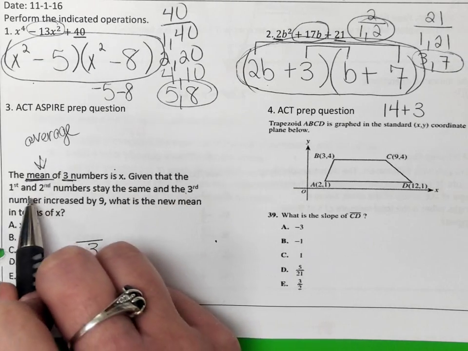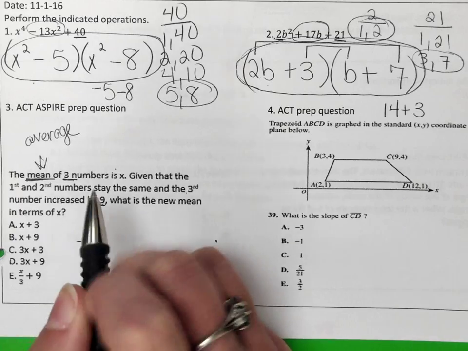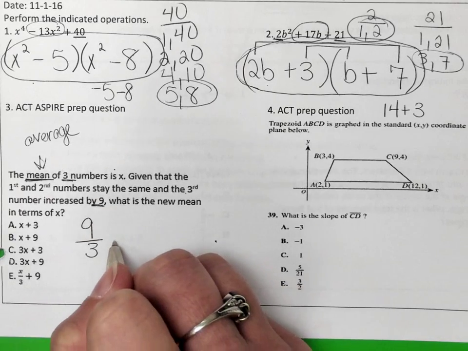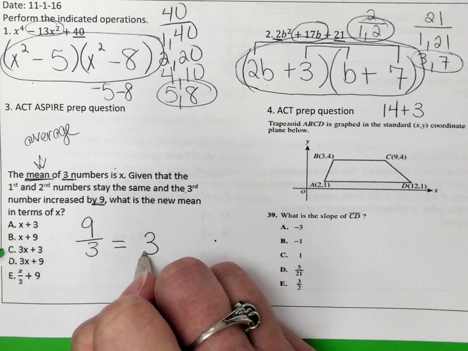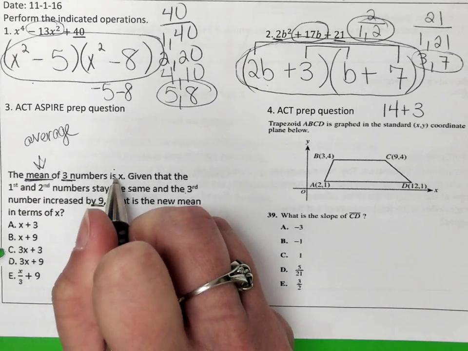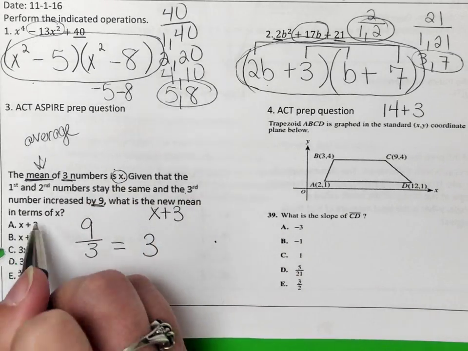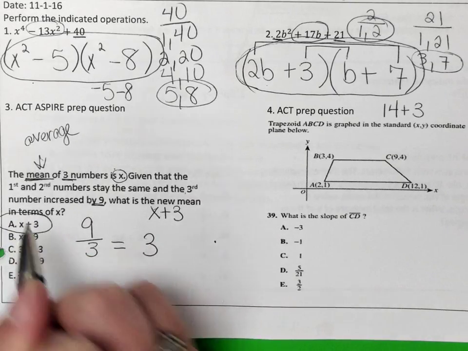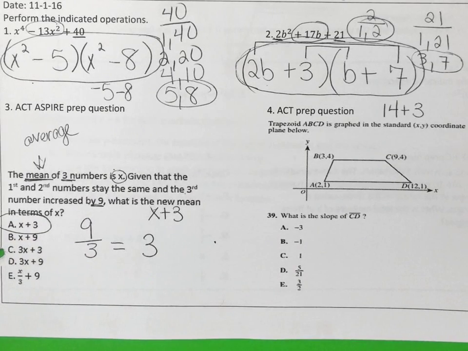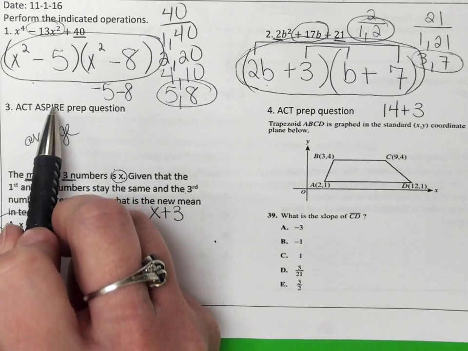The third number increased by 9. So what's 9 divided by 3? 3, right? So that means I'm going to plus 3. So I'm going to take this x. So it's going to be x plus 3. Which is that one. Are y'all okay? The wording was just really funny on that one. That's for 10th graders. That's an ACT Aspire question, okay?